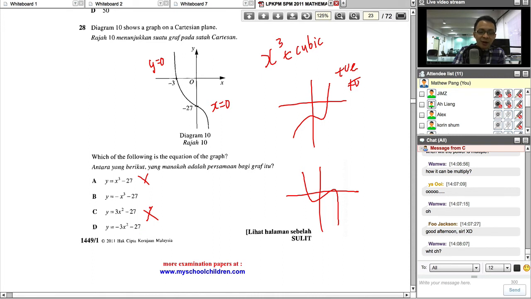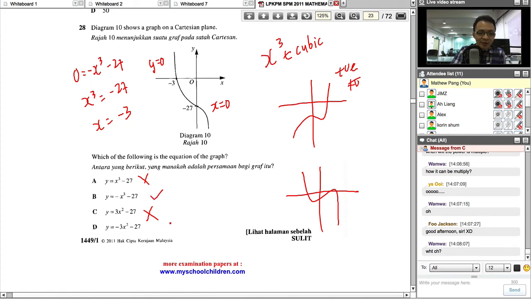Alright. So now I want to try substituting y equals 0 into both of these equations, to see whether I can get negative 3 or not. So I substitute the first one. 0 equals negative x cubed minus 27. So basically x cubed equals negative 27. x will equal negative 3. Yes, this one will give me negative 3. So this one might be correct.